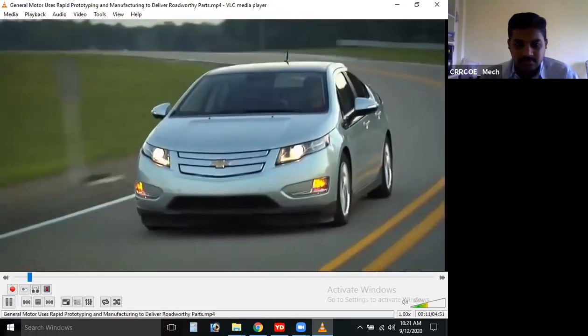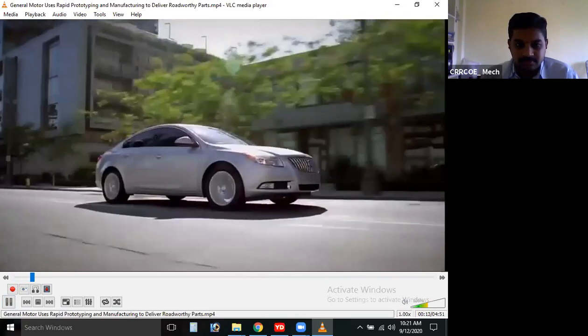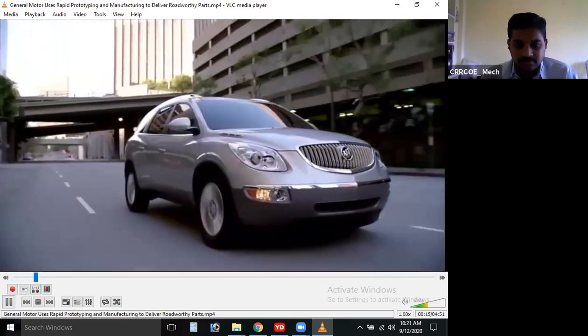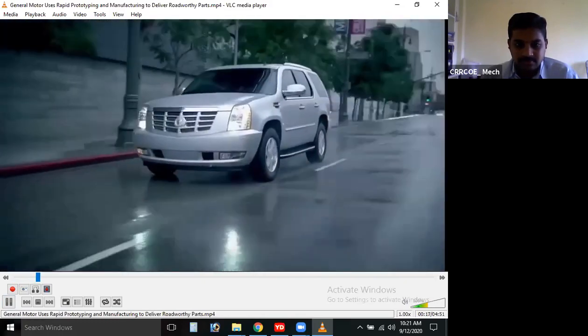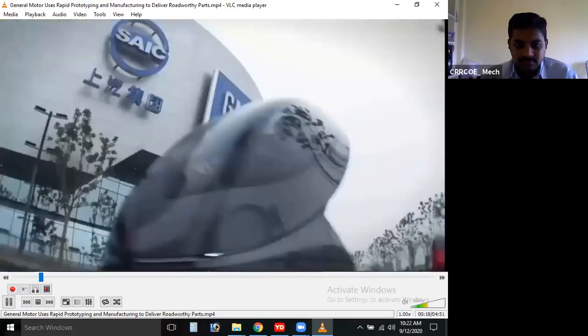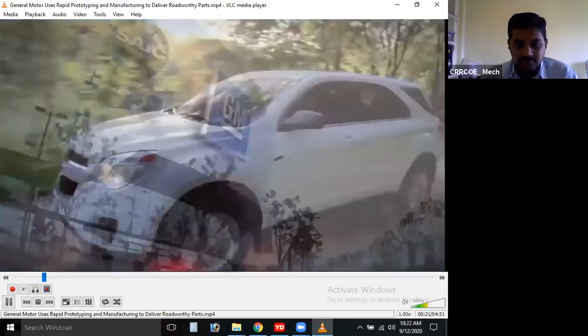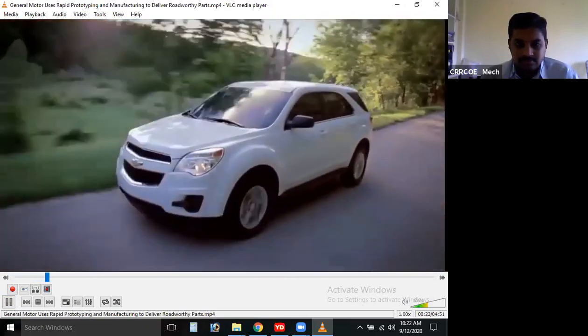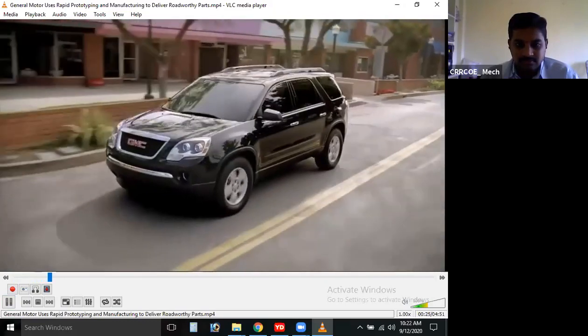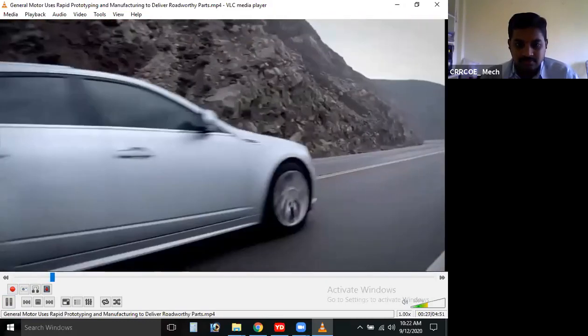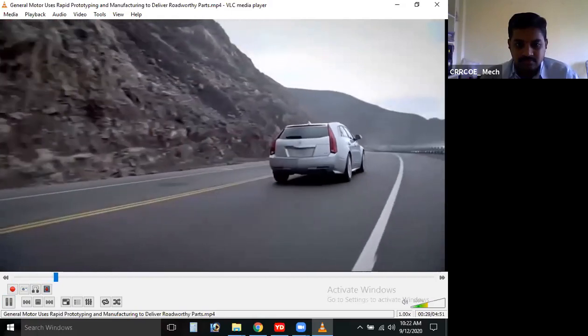Every vehicle platform is touched in some way, shape, or form here in the Rapid Prototyping Lab, whether it's a car or truck, overseas, or here for General Motors, is touched by this department. We have supported the product development and helped reduce the lead time to the customer and to market through the Rapid Prototyping Lab.